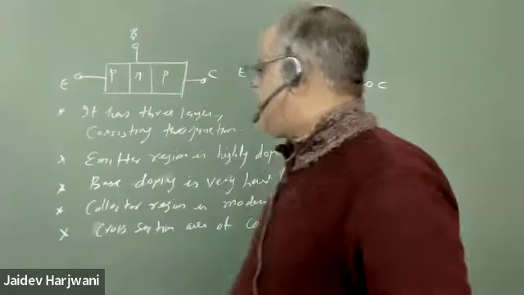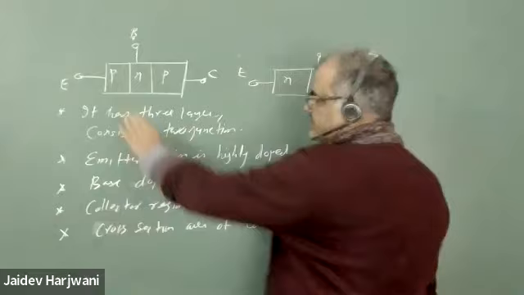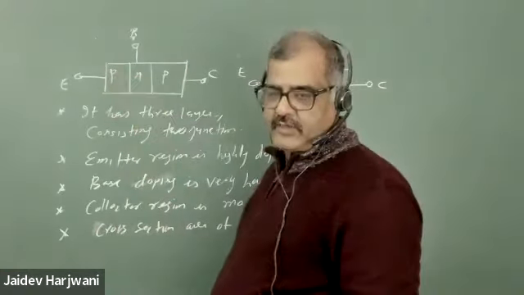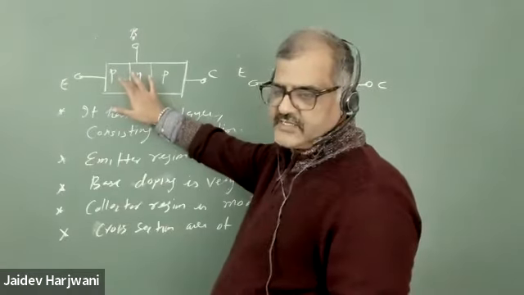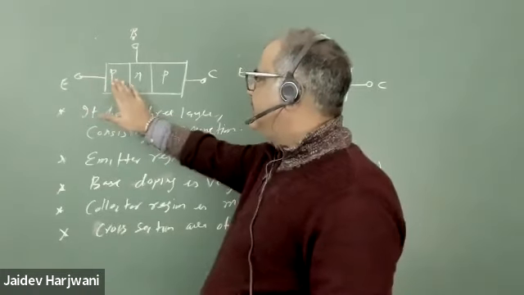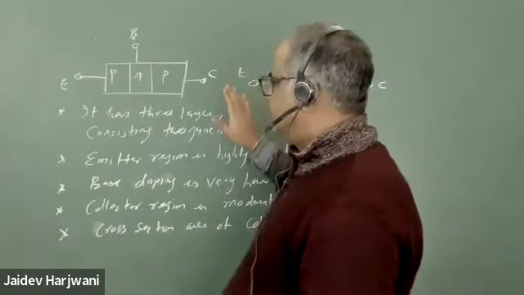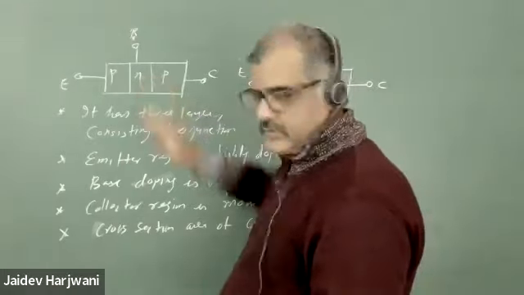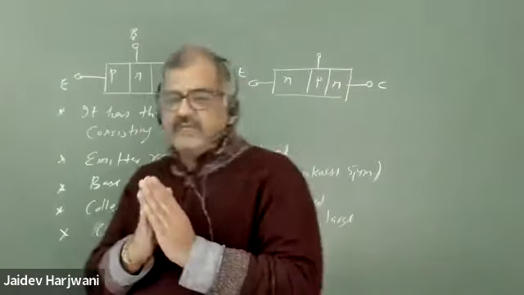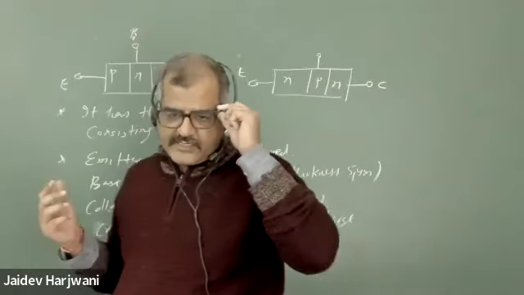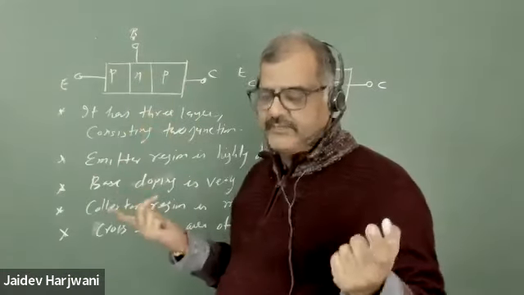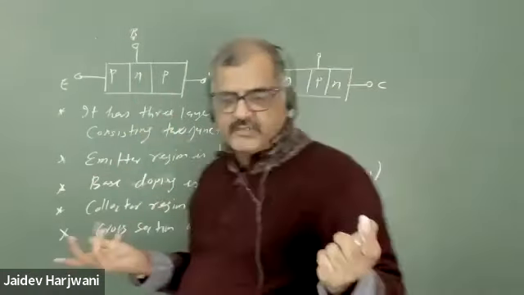The first region, called the emitter, we keep its doping very high because this is the emitter of charge carriers. It will inject the charge carriers into the transistor through this terminal. Similarly, the base is kept very small. If we keep the base doping very high, then it is just like two diodes connected back to back, so they will not give any function.